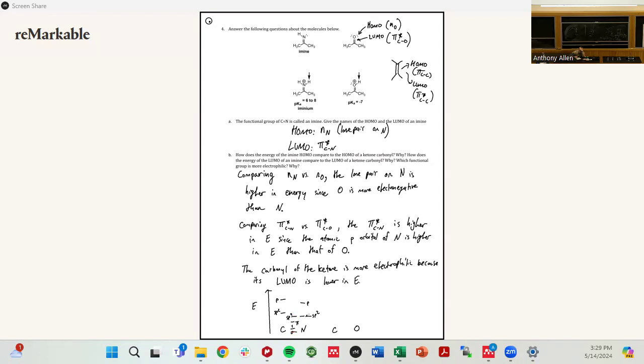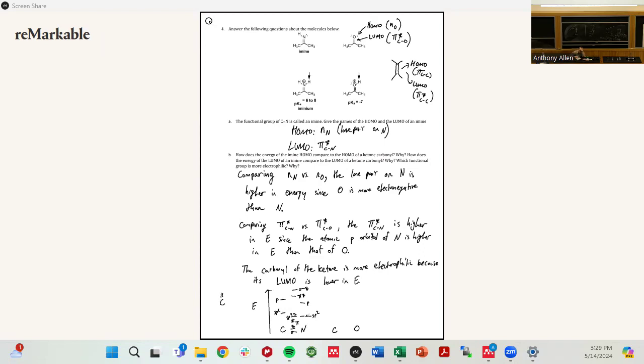Sigma for my sp2s, pi from my p's, sp2 from the lone pair, and then higher in energy would be pi star and sigma star.